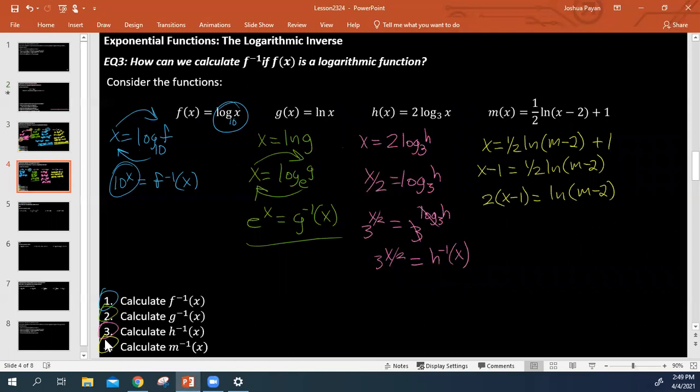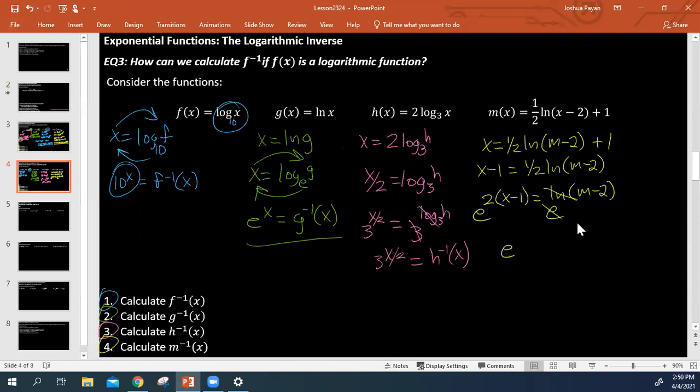Okay, then we're going to go ahead and do the exponential natural base of both sides of the equation. So if I'm doing exponential base e to both sides of the equation, they undo one another.